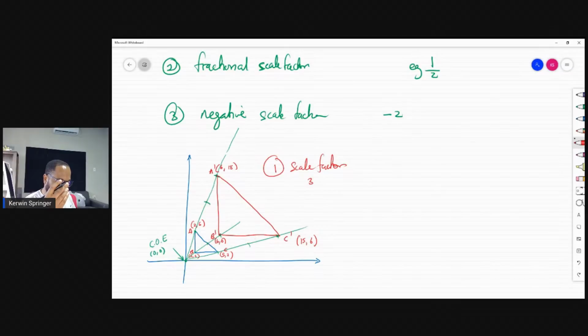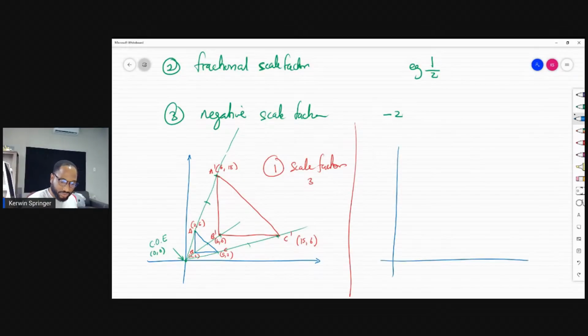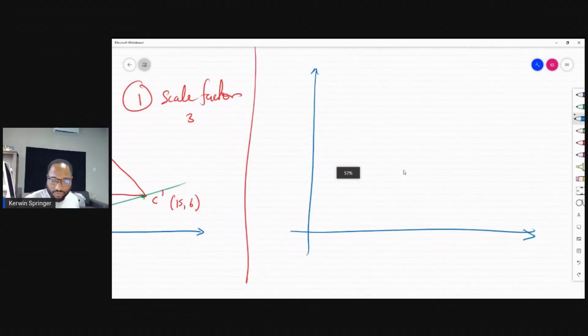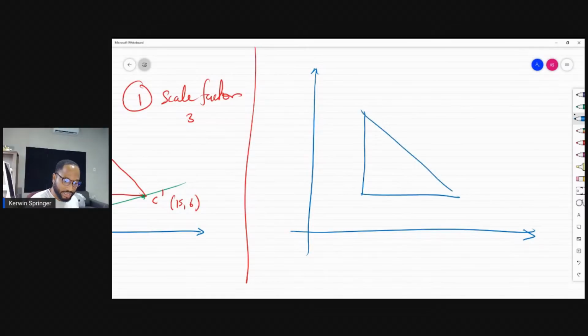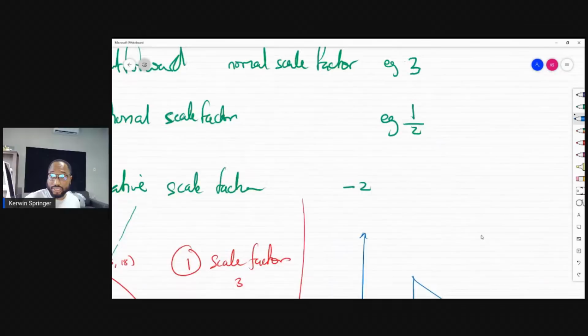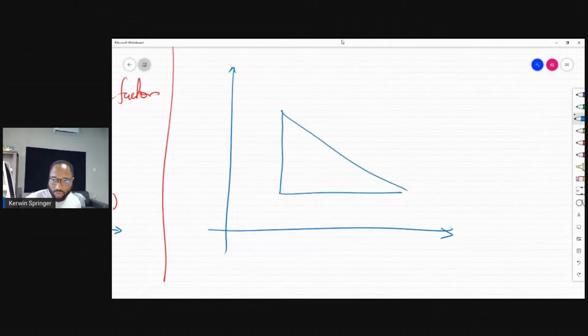Now something different happens when the scale factor is a fraction. That's called a reduction. So if I started off with maybe a triangle like this, and I had the scale factor of a half, what would happen is that I bring it back to the origin, if that's the center of enlargement.